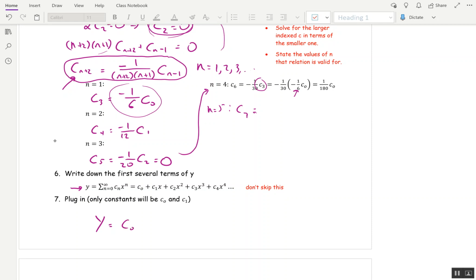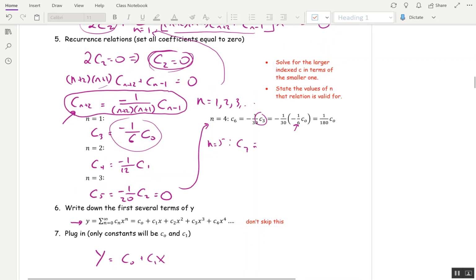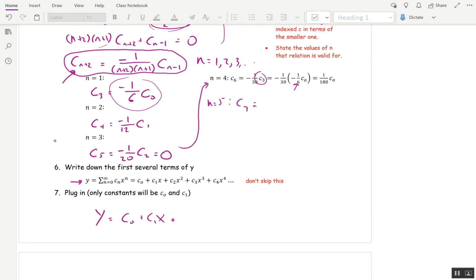So C0 is C0, C1 is C1. But C2, up above, you can see C2 is 0. So I've got 0x squared. No, you don't have to write 0x squared, but I did just so you can see why that term is missing. Plus C3x cubed. C3 is negative 1 over 6 C0. So this will be minus 1 over 6 C0 x cubed.